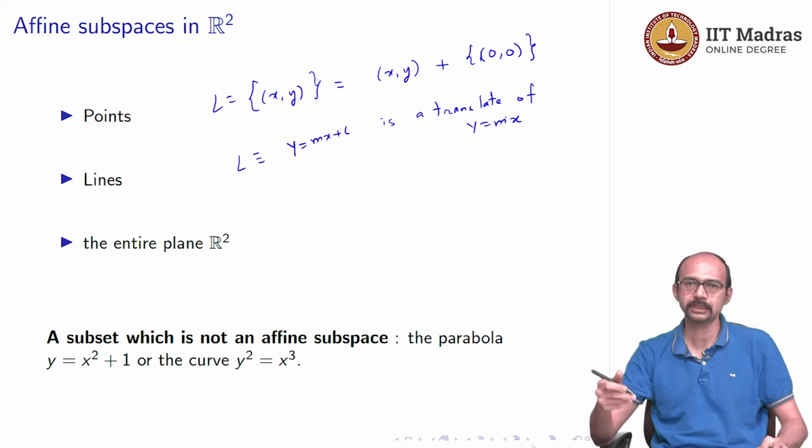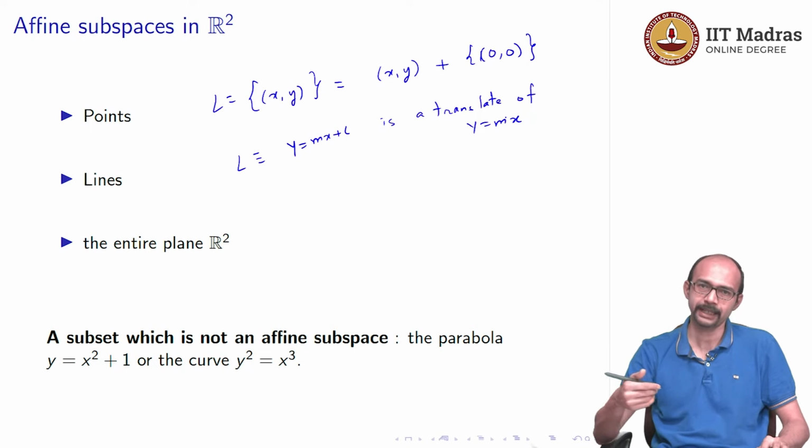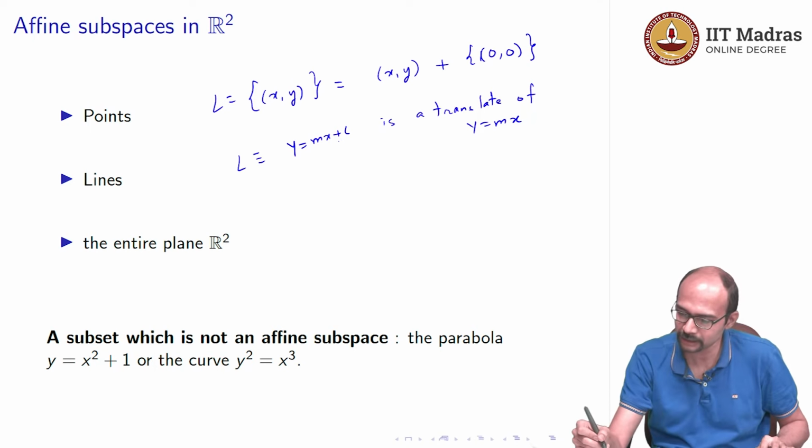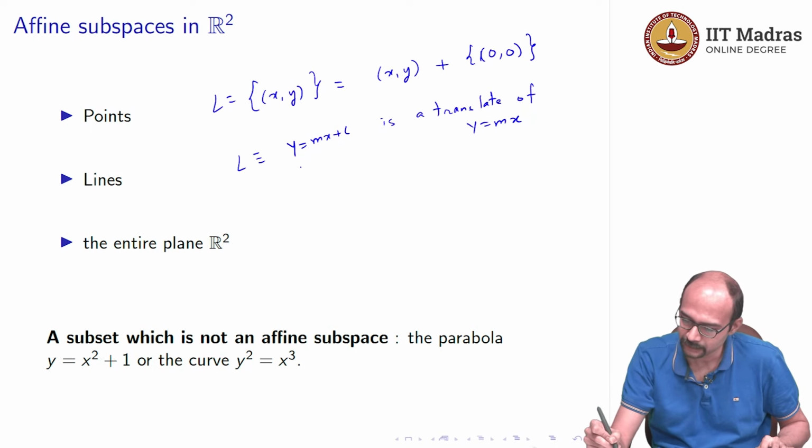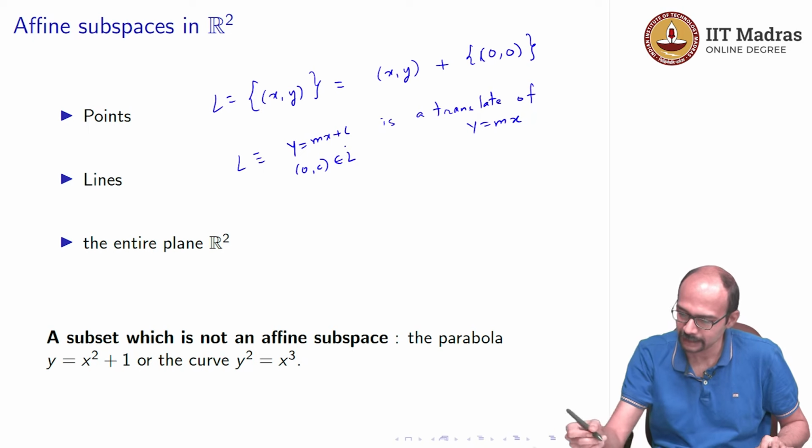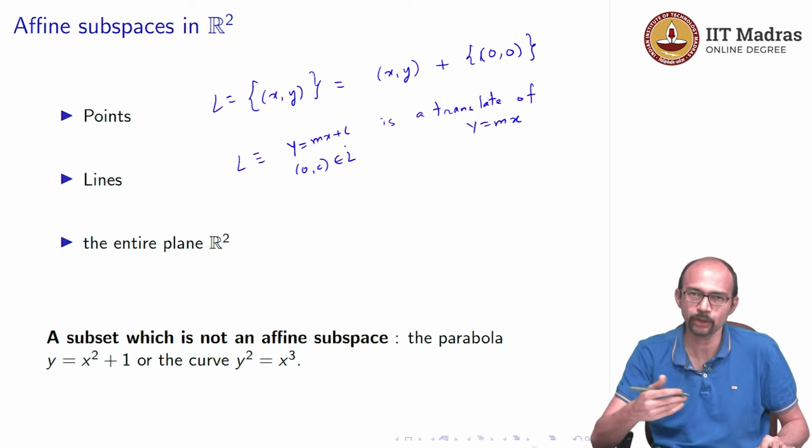So, how do I convert this into the form that I want? Here you have to notice that the point 0 comma c is in L, and that is exactly the point that you are shifting by.